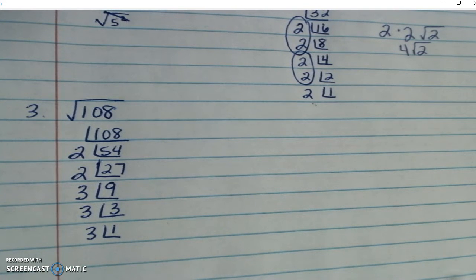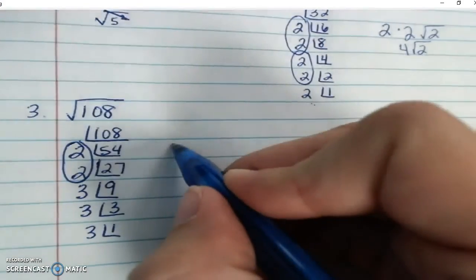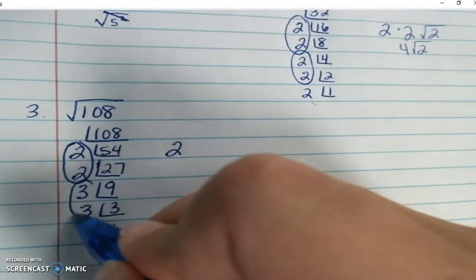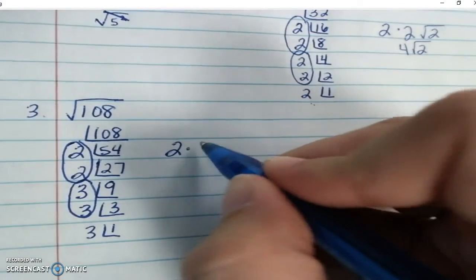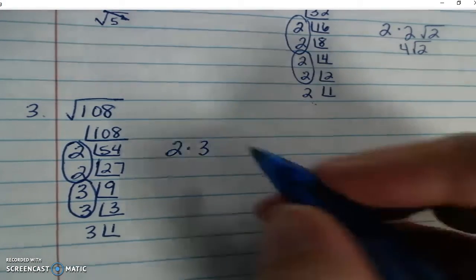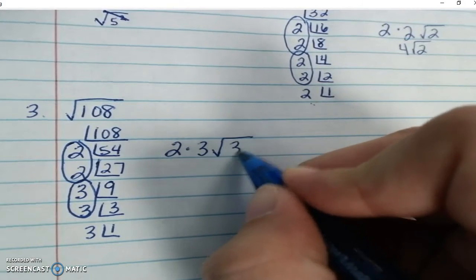Okay. So now we want to pair them up. So here we've got a pair of 2's, so we can bring out the 2. We have a pair of 3's, so we can also bring out a 3. And then this last 3, all by itself, stays inside.